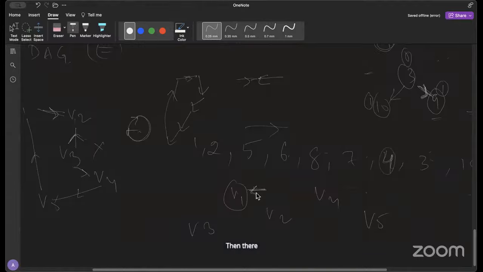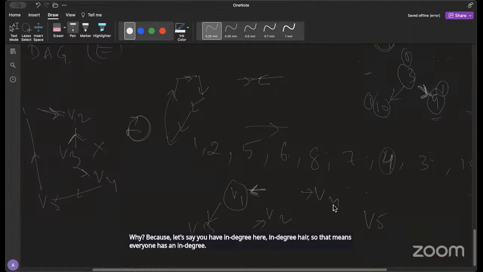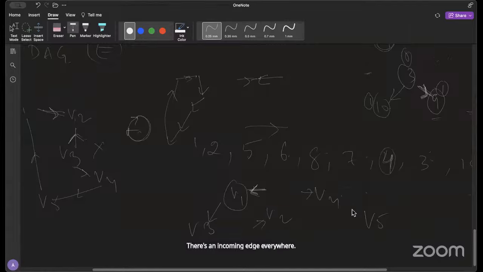Then there is definitely going to be a cycle, so that's a cyclic graph. Either it's a cycle or it could be this. Typically there's no cycle here, and we don't consider V1, V4 to be a cycle, but this is creating a problem.